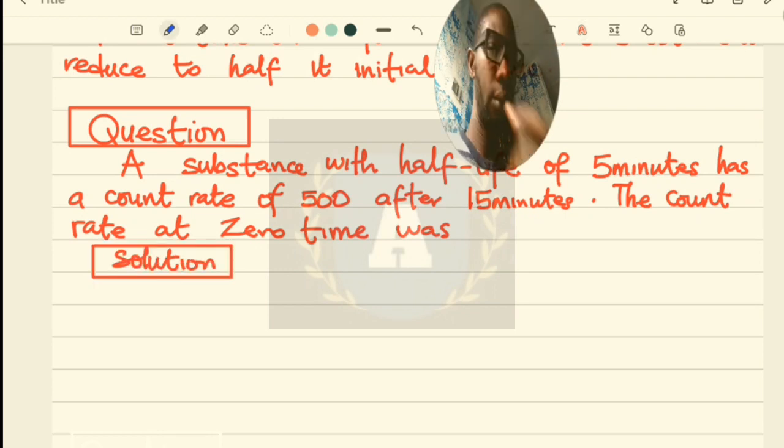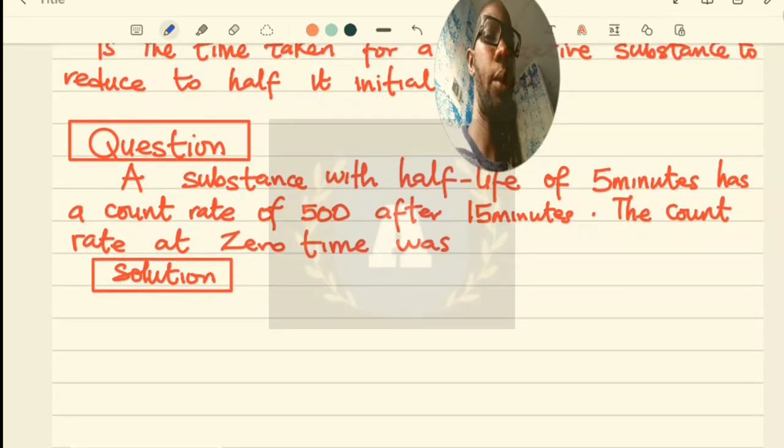The question says a substance with a half-life of 5 minutes has a count rate of 500 after 15 minutes, meaning it has reduced to 500 after 15 minutes.